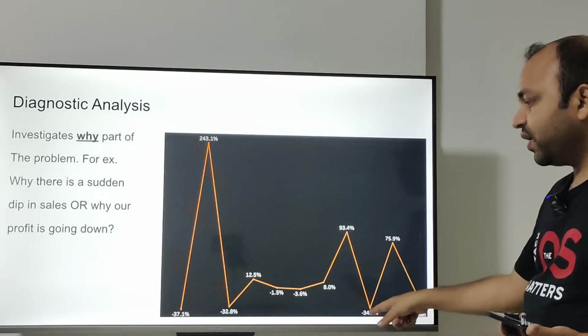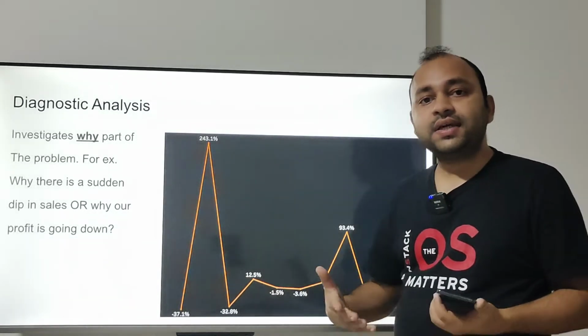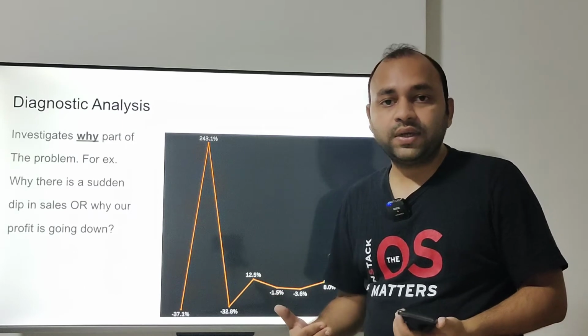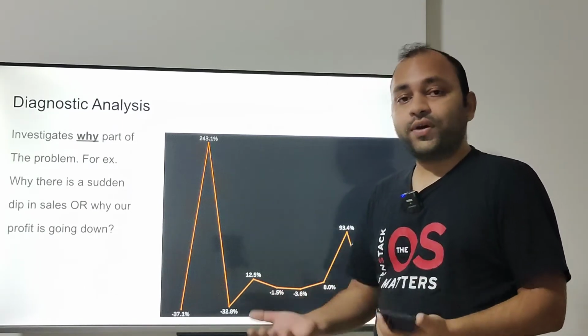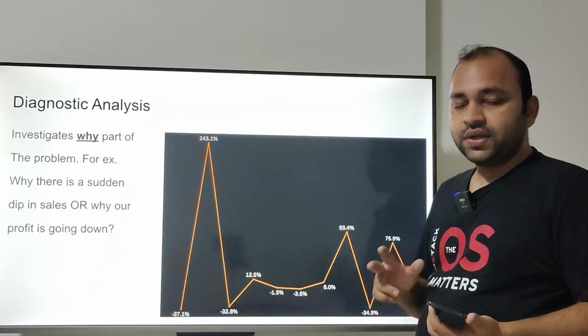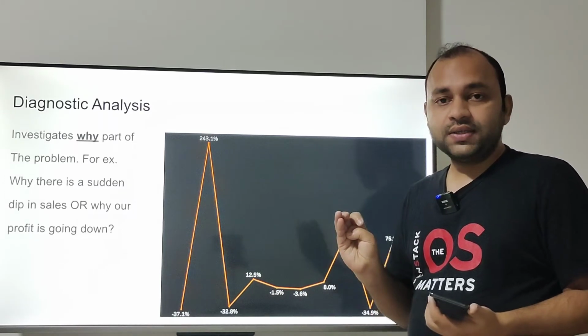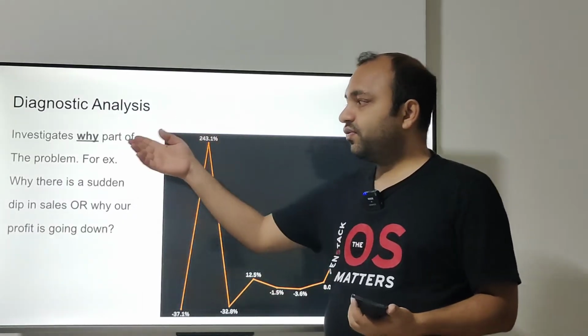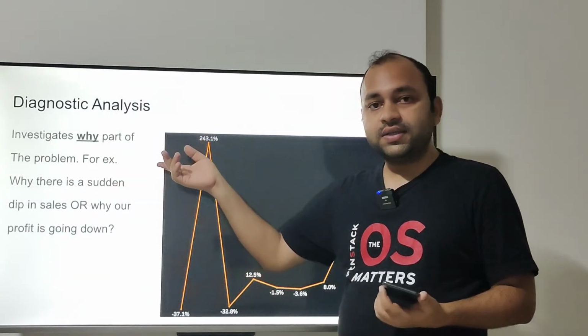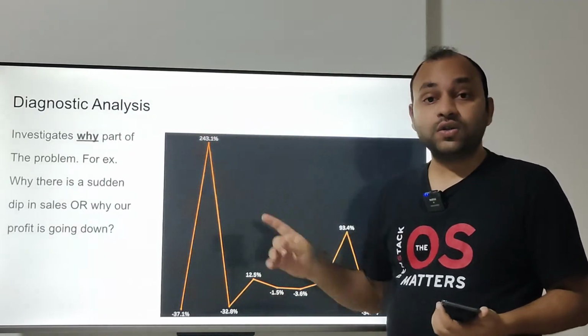Here again you have negative growth. Why these negative growths are coming in, you need to explain if you are doing the diagnostic analysis. So first is the descriptive analysis, which is the what part of the business, then you have the why part, which is the diagnostic analysis.